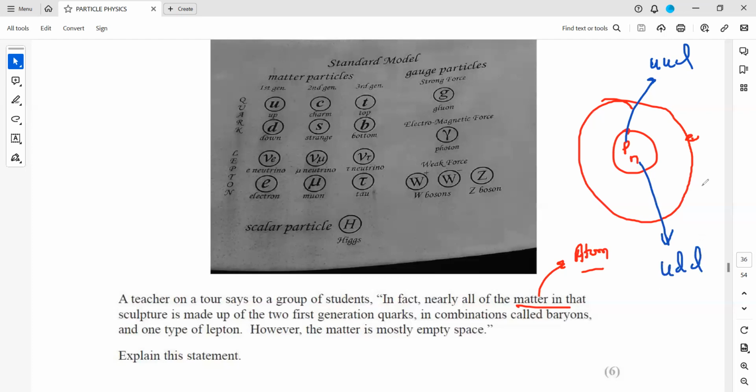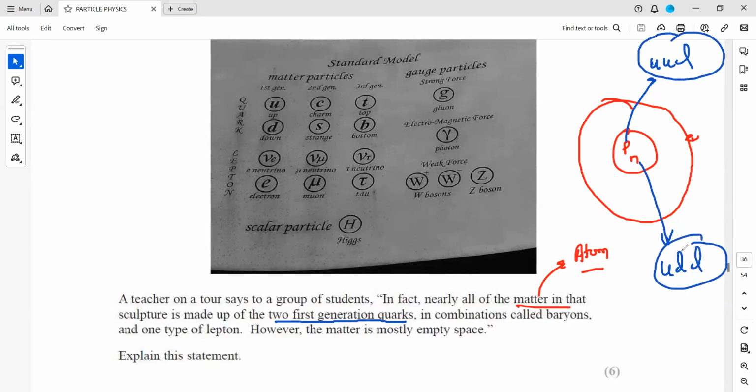This is the composition of proton, and as mentioned, nearly all the matter is made up of first two generation quarks. So that's right, because all the matter consists of atoms. Inside an atom, there are protons and neutrons in the nucleus, and electrons are moving around. Protons consist of up, up, and down, so this is a first generation particle.